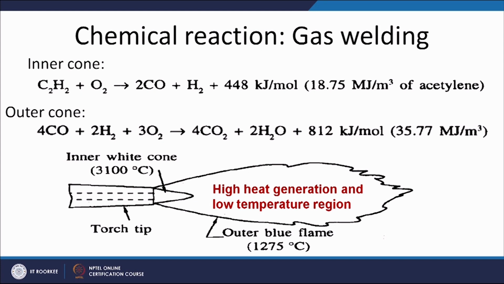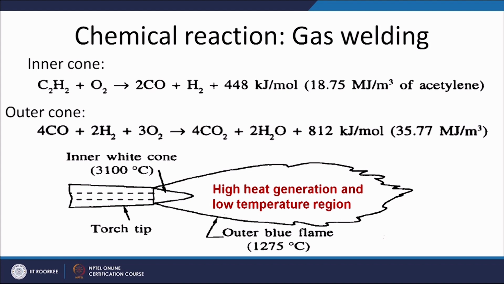The inner cone involves certain kinds of reactions and generates a limited amount of heat, but since it is small and well covered by the high temperature zone of the outer flame region, this zone experiences the maximum temperature of about 3100 degrees centigrade.